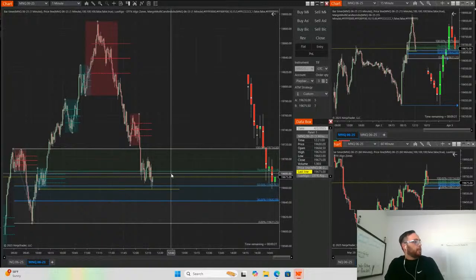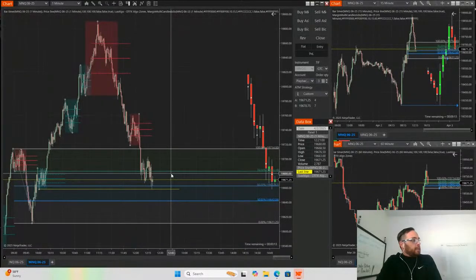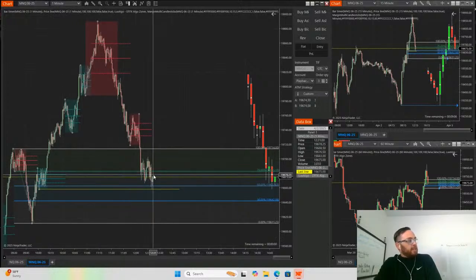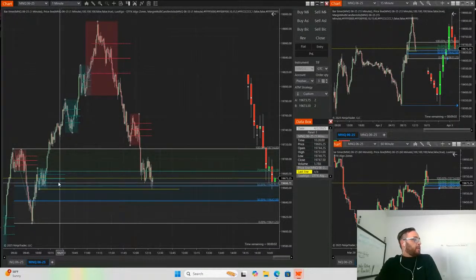I want it to go up. It's not giving me what I want. Okay, there's an internal sweep. But that internal sweep came from this high. So if this can't close above it convincingly, then it's not the sweep I want.